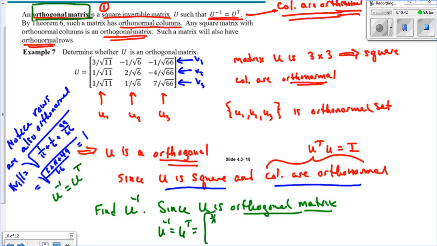So it's 3 over the square root of 11, negative 1 over the square root of 6, and negative 1 over the square root of 66. I'm just taking the transpose of U. Okay, so you can get the inverse easily if you have that it's an orthogonal matrix. Just find its transpose.